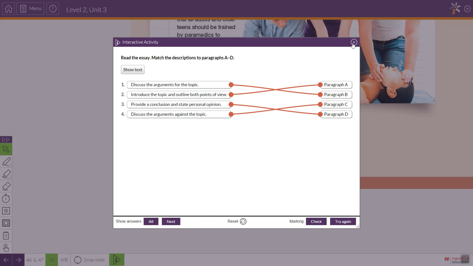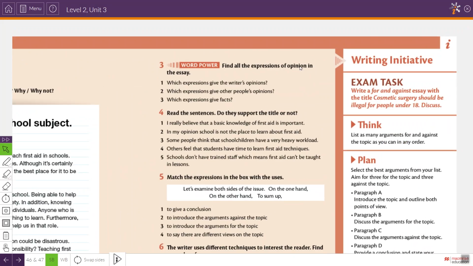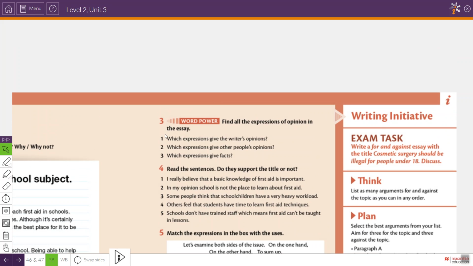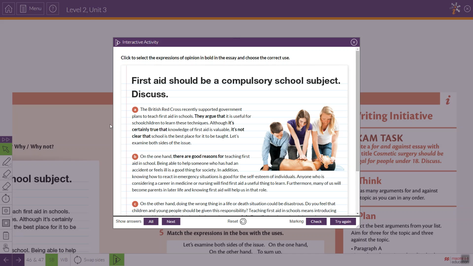All right. The next thing we have is expressions, different expressions for different things, with different aims. Let's have a look at this. I'm going to show you the answers one by one.